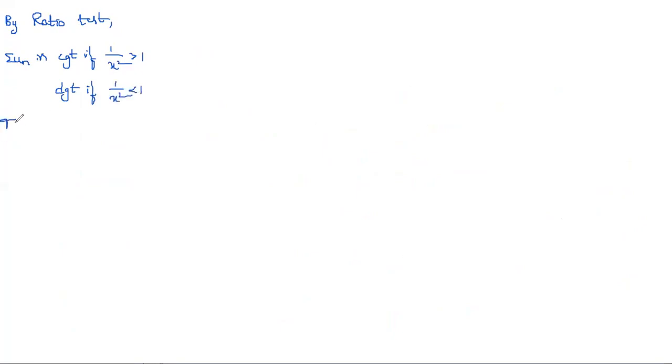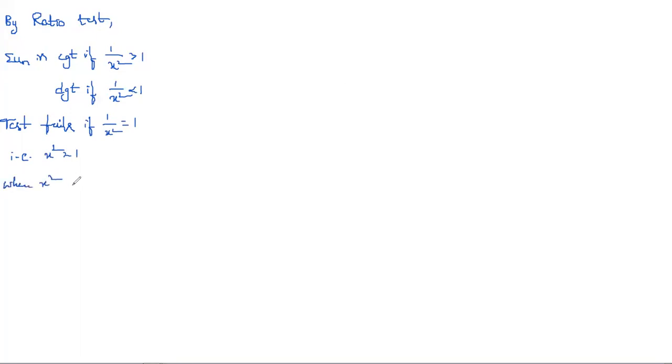And the test fails if 1 by x square is equal to 1. That is, x square is equal to 1. Now we need to apply Raabe's test. So for that, when x square is equal to 1, un by un plus 1 is equal.